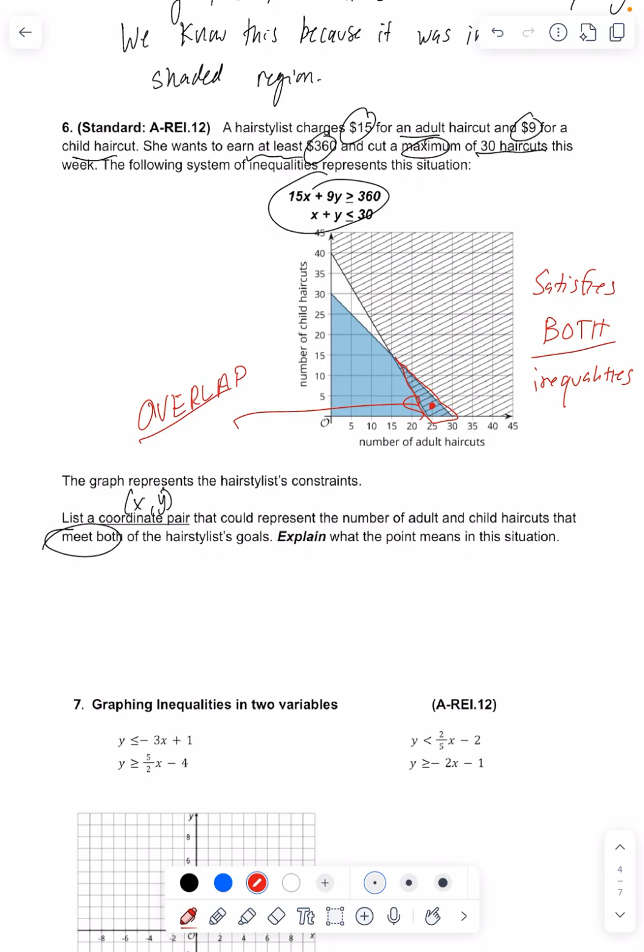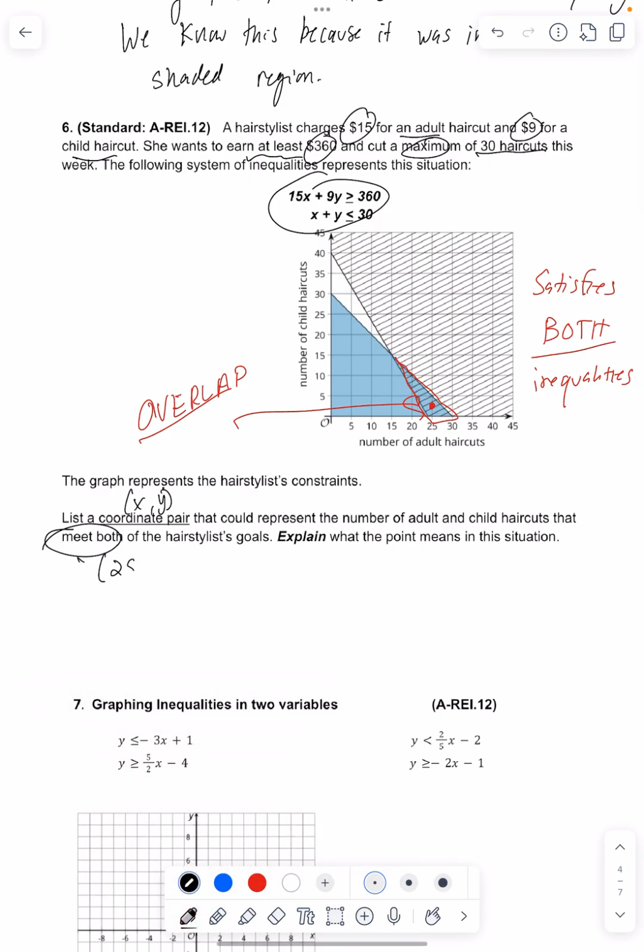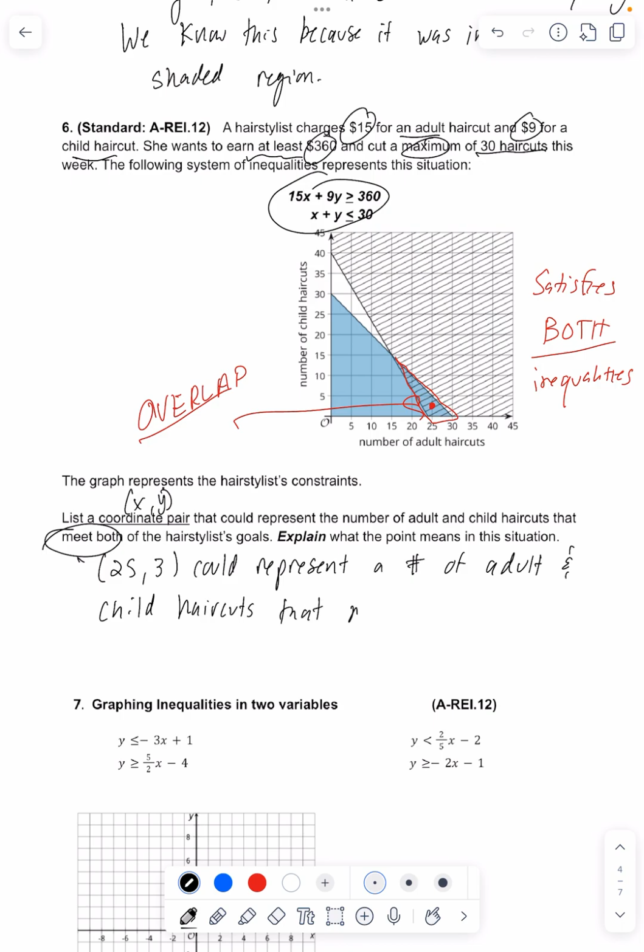So we could say that 25, 3 could represent a number of adult and child haircuts that meet both of the hairstylist's goals in this case, right?